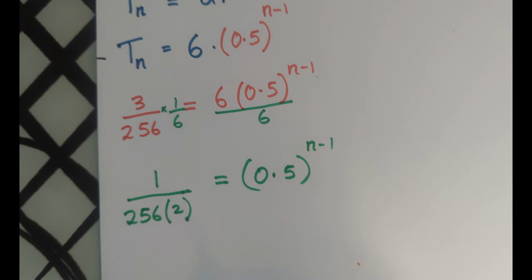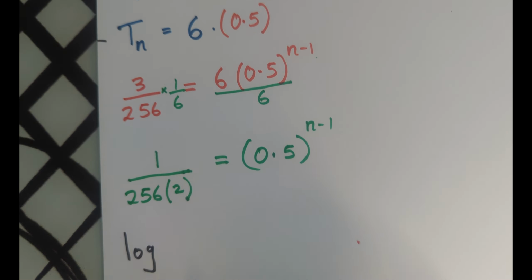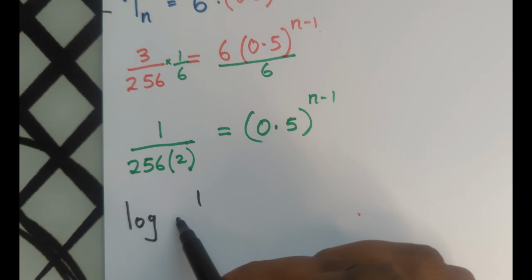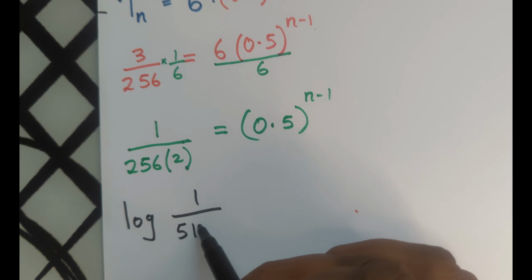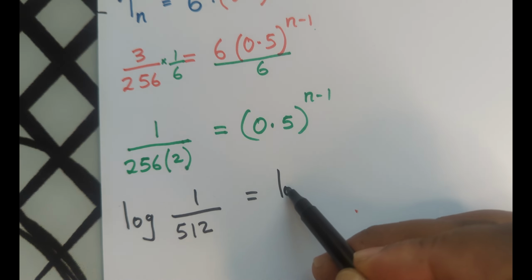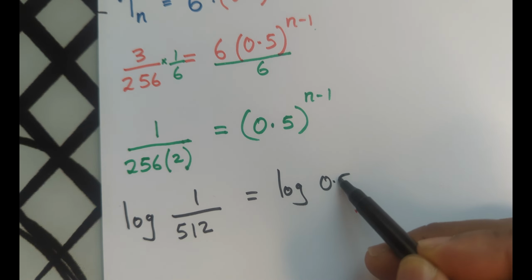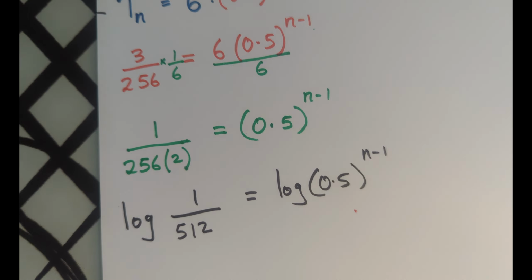Let's apply logarithms on both sides. So we are going to have the logarithm of 1 over 256 multiplied by 2, that's 512, being equal to the logarithm of 0.5 to the power of n minus 1.